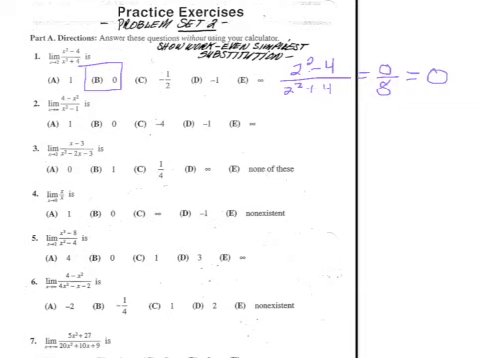For number 2, we have the limit as x approaches infinity of 4 minus x squared over x squared minus 1.